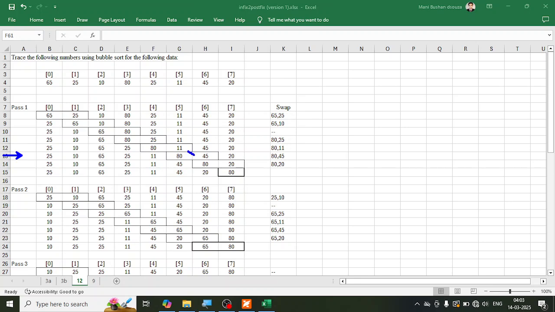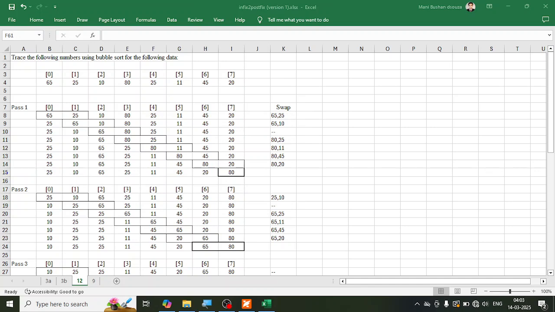Compare 80 with 45. You notice that 80 is larger, so you interchange their position. So in the next iteration, this 45 will come here. In the next iteration over here, 80 is compared with the last element, and that is 20. And you know very well that 80 is larger than 20, and 80 and 20, their positions are interchanged.